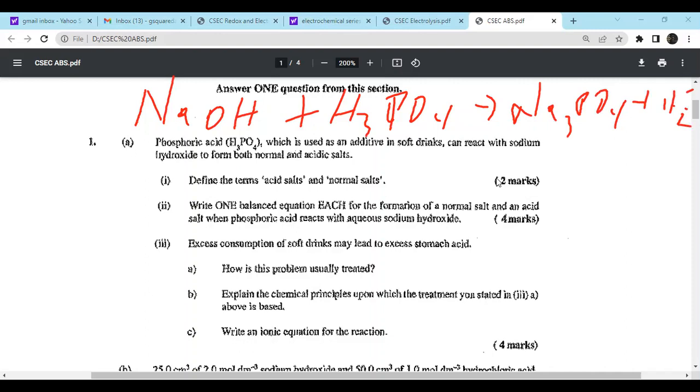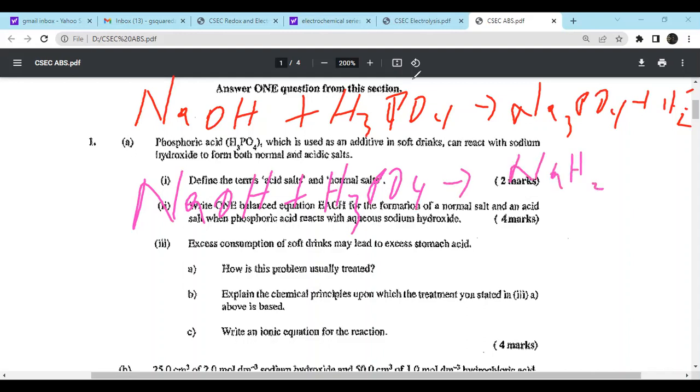And then your acidic salt could be NaOH plus phosphoric acid to give you NaH2PO4 or Na2HPO4 plus water for both of them. And then you balance that equation.